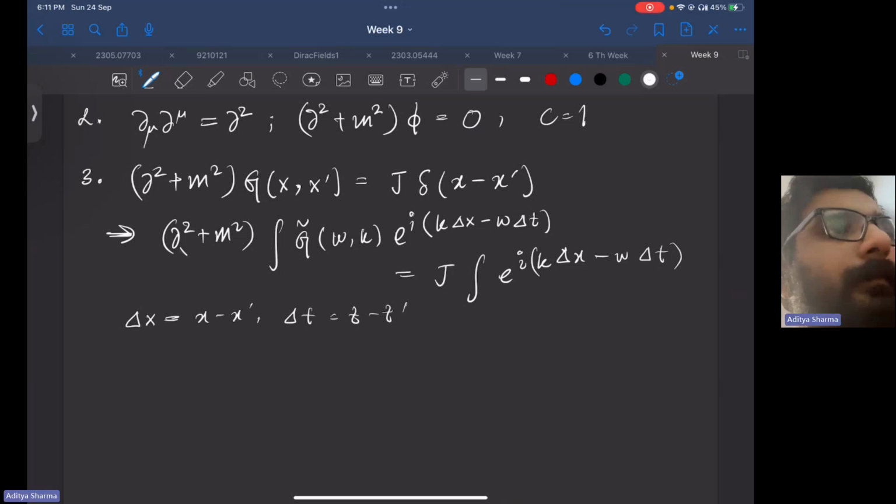Now this is with respect to x, not with the prime coordinates. It's dx, not dx prime. This is what I am trying to say here.